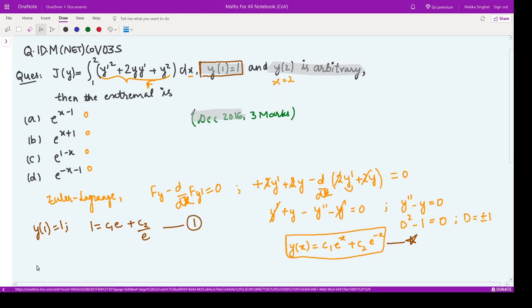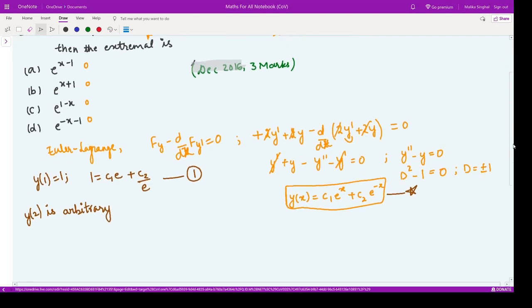The second condition is given that y of 2 is arbitrary. What does it mean? It means that y can have any value where x is fixed and given to be 2. So for that we have a condition known as f_y dash at the point x2 is equal to 0. So let us solve this. What is f_y dash?